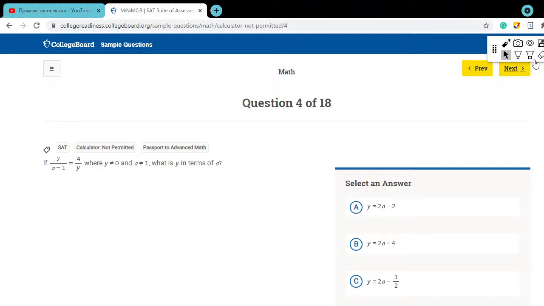What they ask us here, we need to find what is y in terms of a. We just cross multiply here and get what we need. 2 multiplied by y equals 4 multiplied by a minus 1.